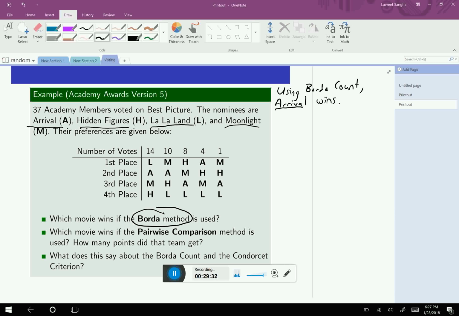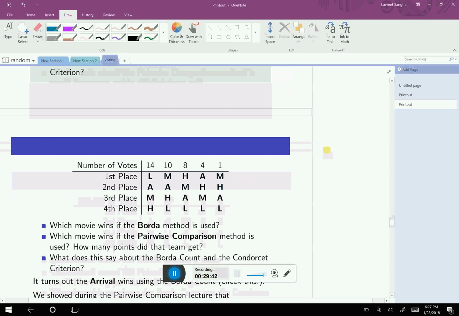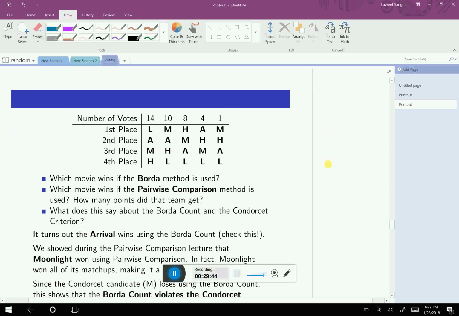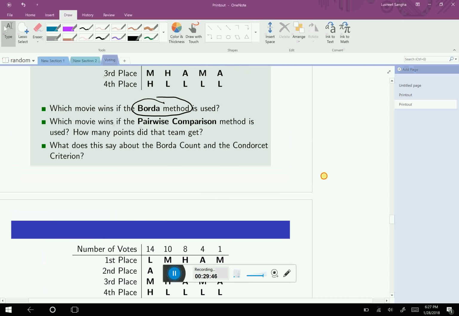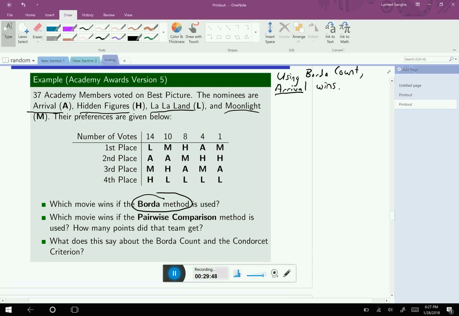The next question that I want to ask is, which movie wins if we were to use pairwise comparison? I'm just peeking at my slides a little bit, because we've actually worked that out before when we did our lecture on pairwise comparison.